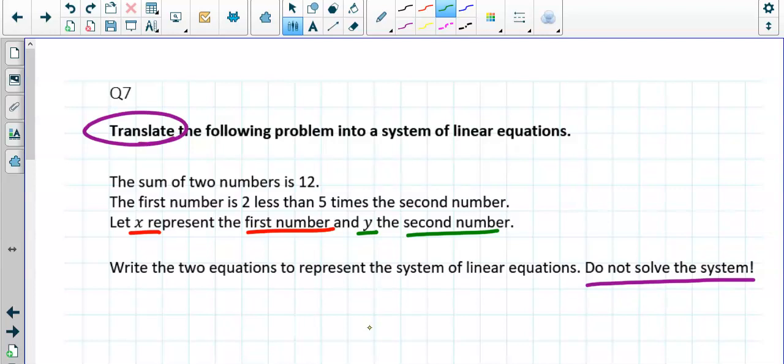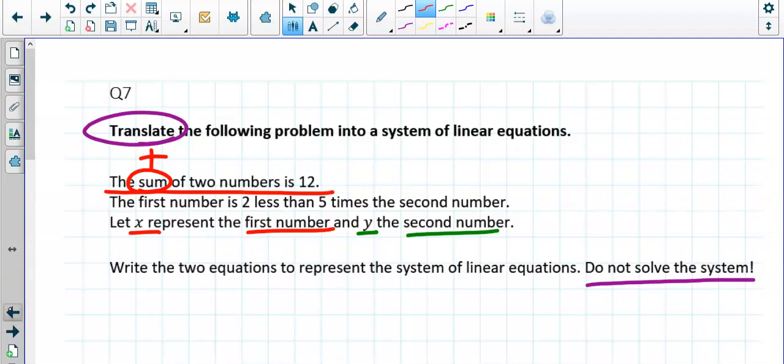So here's our first sentence. What does the sum of two numbers is 12 look like mathematically? Six plus 6, but we don't want numbers. We want to have variables in it. x plus y equals 12. Because sum means to add, right? So we're adding two numbers. Do we know what those two numbers are?